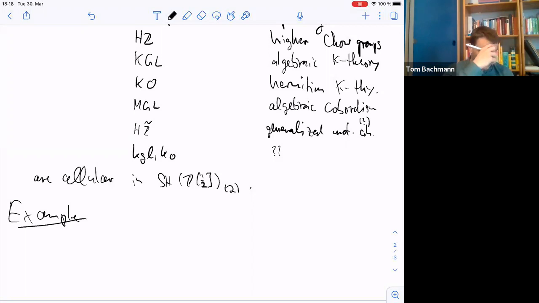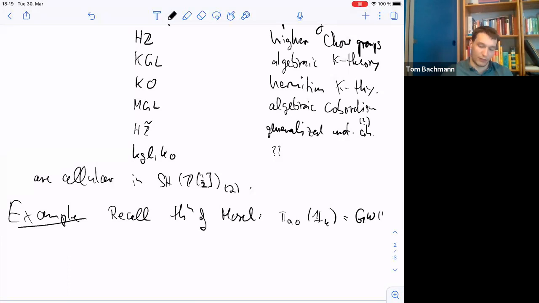Over a field, this was done by Morel. So recall the theorem of Morel, which says that if you do pi_{0,0}, the homotopy groups are also bigraded, just like the spheres, and you put in the sphere over some field k, what you get is the so-called Grothendieck-Witt ring of that field.